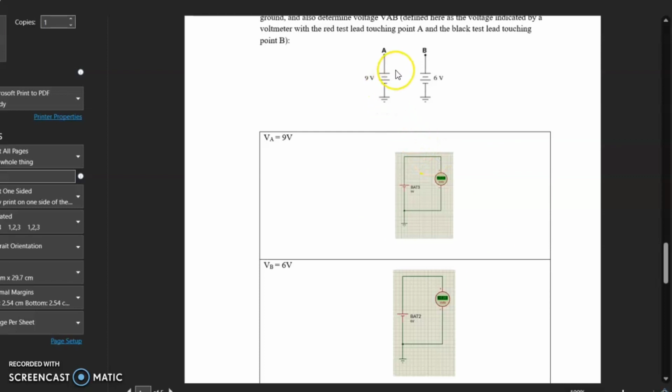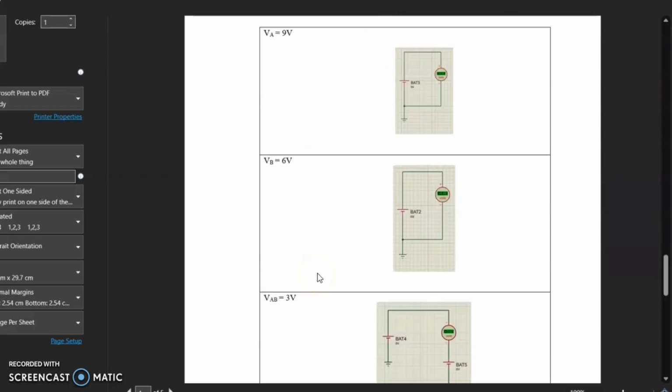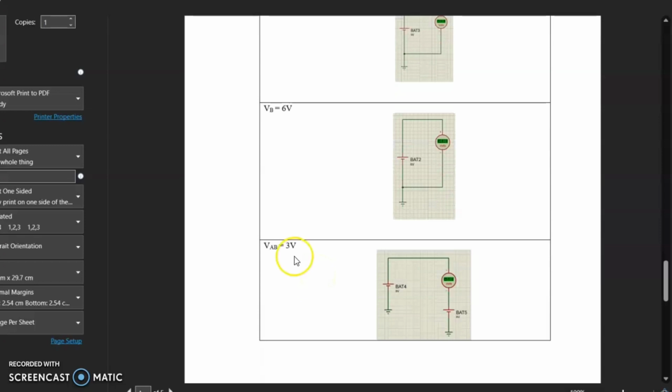Point A is 9 volts, connected to the ground, this is VA, and this is VB, and here is VAB. I got 3 volts.